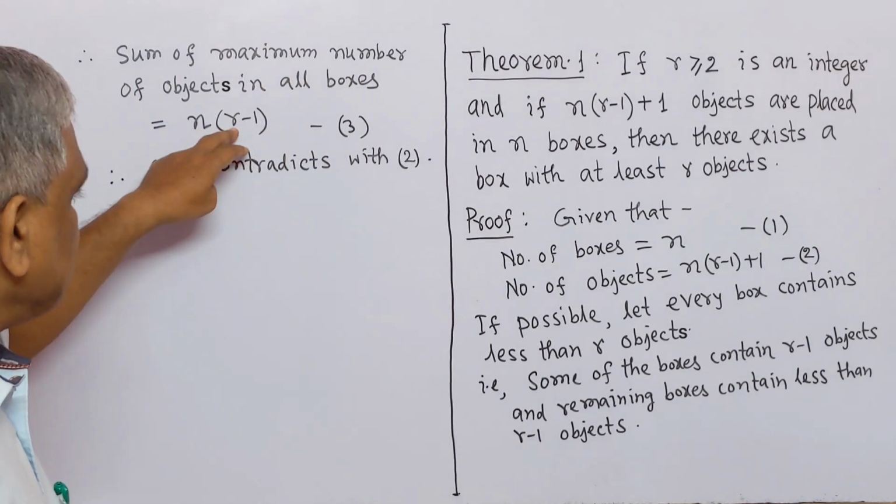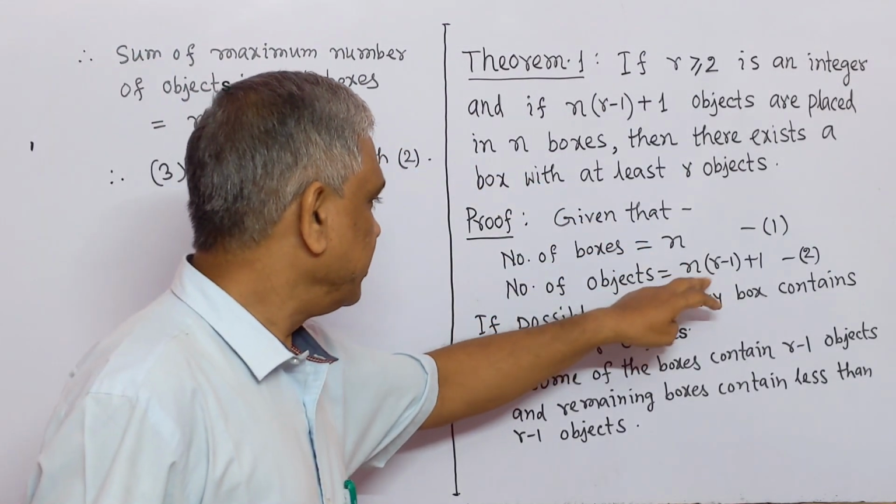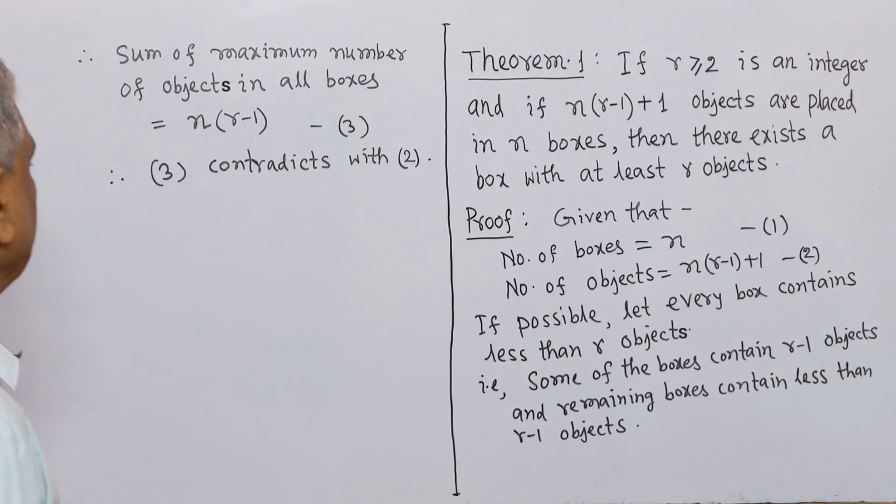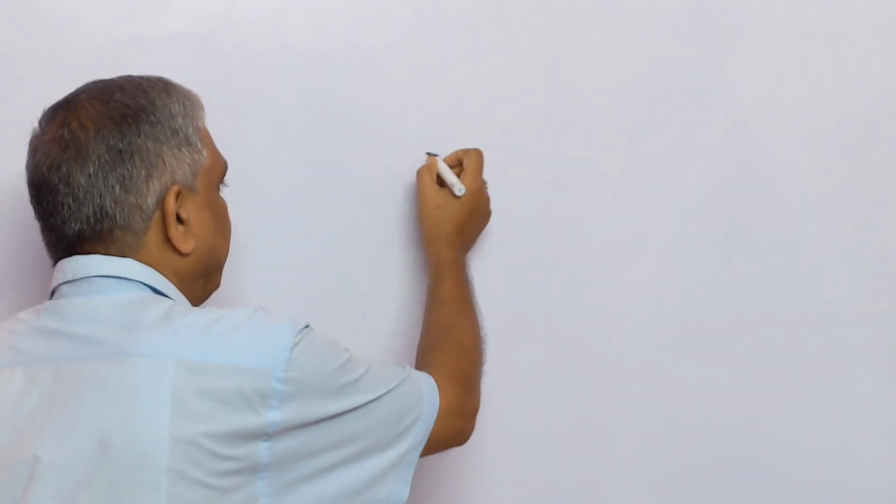So this is less than the number of objects. Hence our assumption is wrong. Therefore there exists a box which contains at least r number of objects.